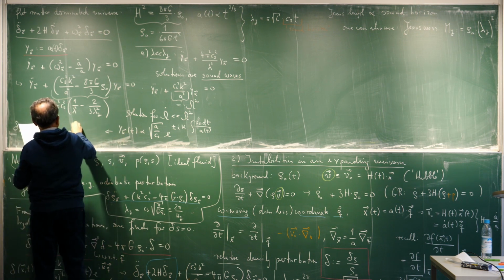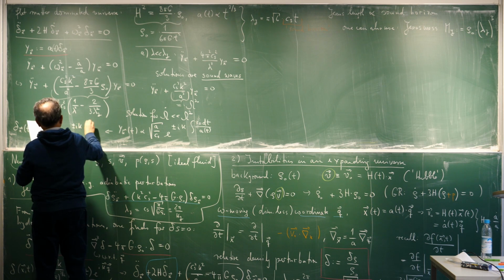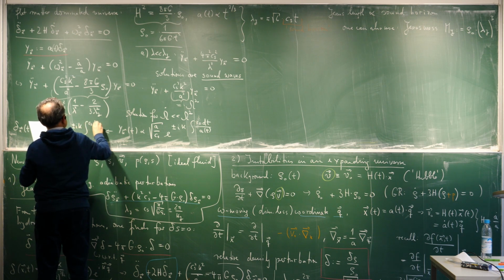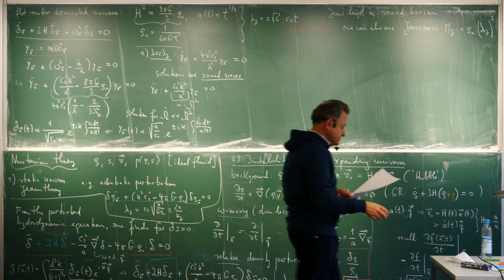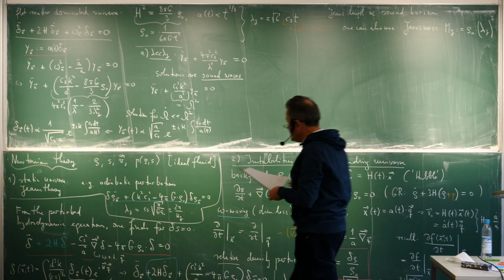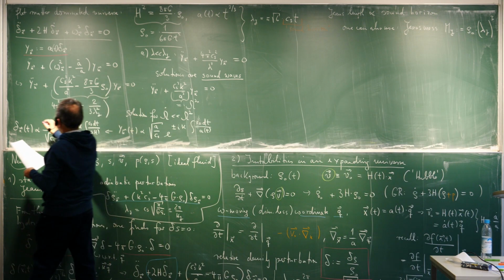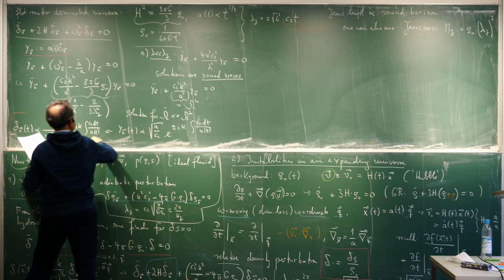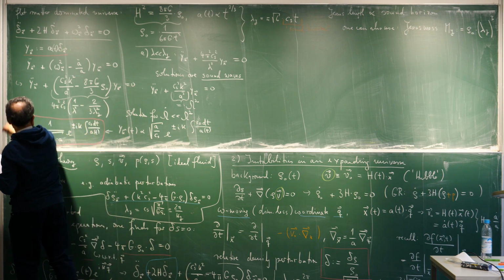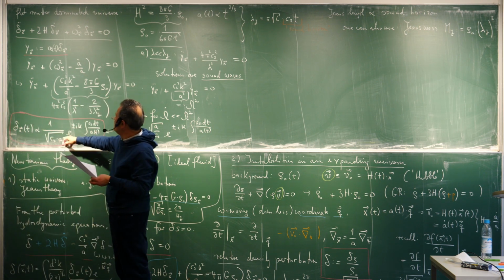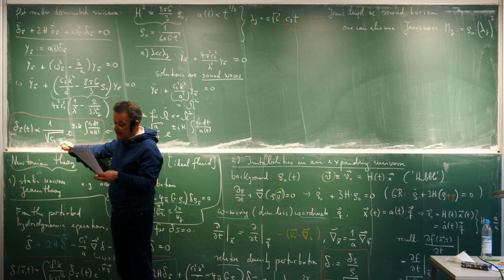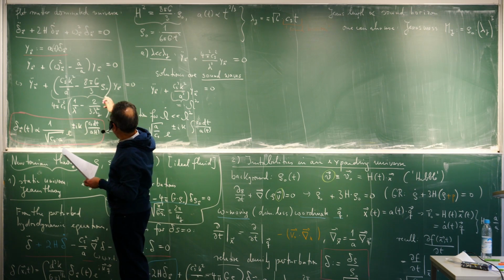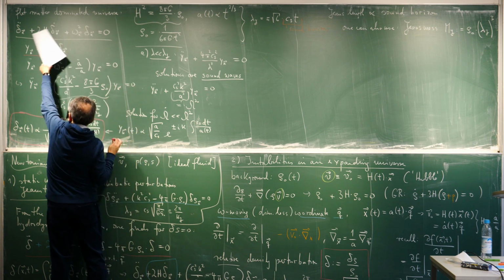And of course we have e to the plus or minus i k integral c_s dt over a of t. That is the solution for the dimensionless density perturbation for very small wavelengths. You see we have this decrease with 1 over square root of a, and this comes originally from this additional term.